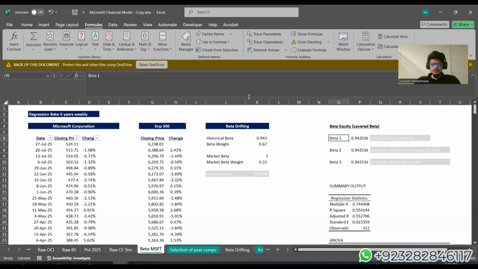If this value right now is 0.94, and let's say this value was 1.5, it would mean that whenever the index rises by 100 points, let's assume the KSE 100 index, your stock will go 150 points up.